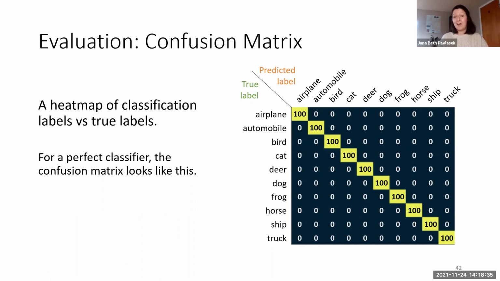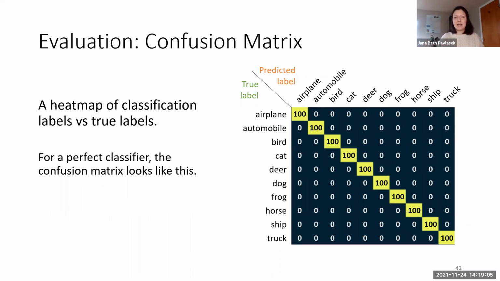Specifically, I'm using a small image data set called CIFAR-10, which has 10 classes: airplane, automobile, bird, cat, deer, dog, frog, horse, ship, and truck. It has a bunch of little images in each of these classes. So the perfect classifier's confusion matrix, if every single image is classified correctly, will look like this.